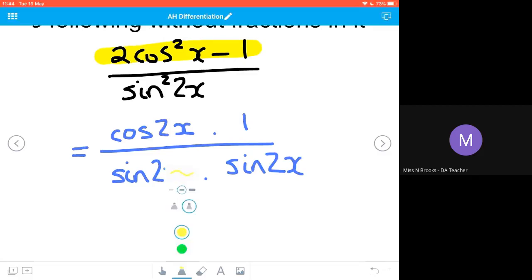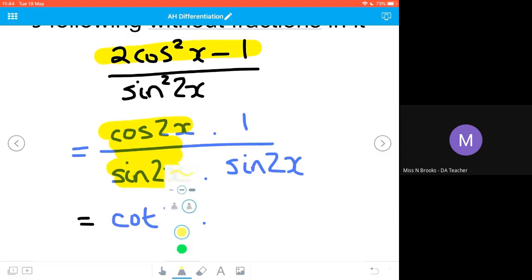Now, my first relationship here, I've got cos 2x over sine 2x, so that's the inverse of my tan 2x, so it's going to be the cotangent of 2x.